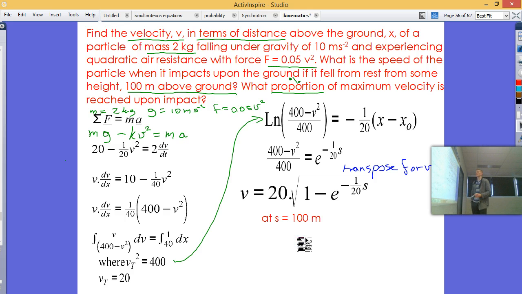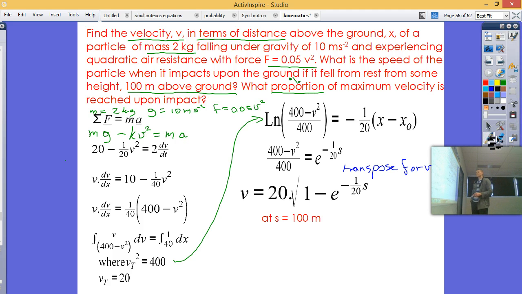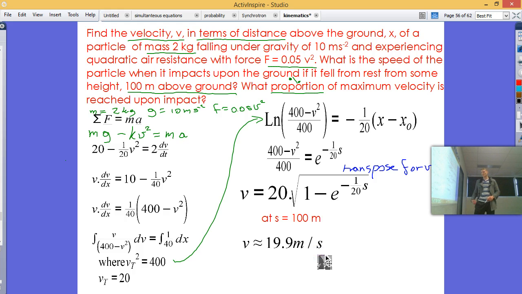Let's look at now the bit where what is going to be the velocity of impact, say 100 meters off the ground. So when 100 meters has passed as the displacement from where the object starts, we get that value, 19.9 meters per second, which is approaching the terminal velocity speed.